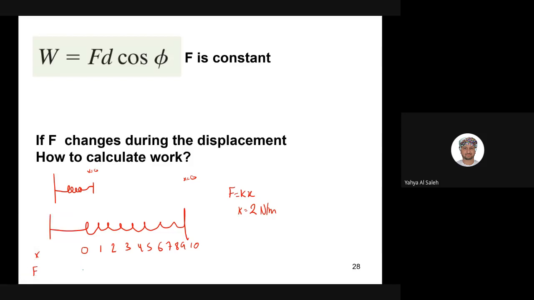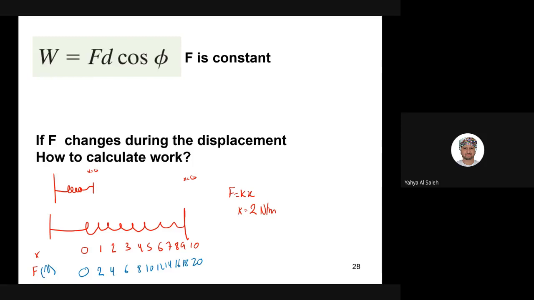My force is going to be what? 0. Force will be in newtons. 2, 4, 6, 8, 10, 12, 14, 16, 18, 20 newtons, right? So my force is different at every single point.